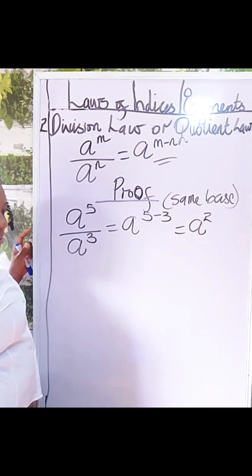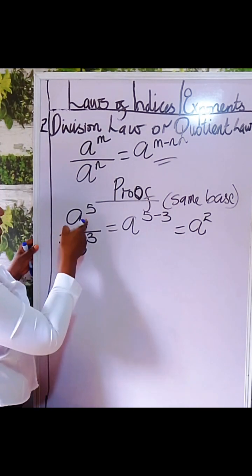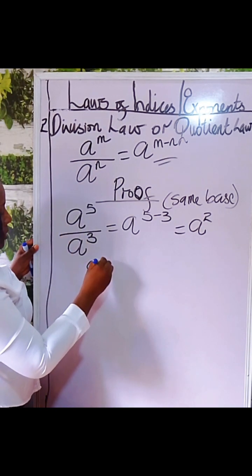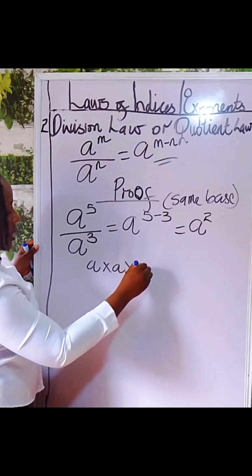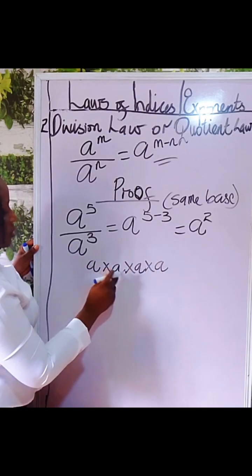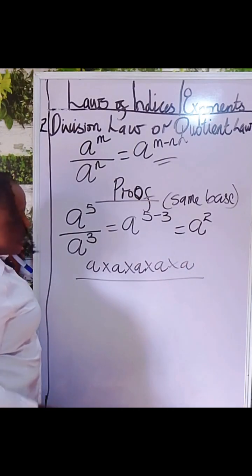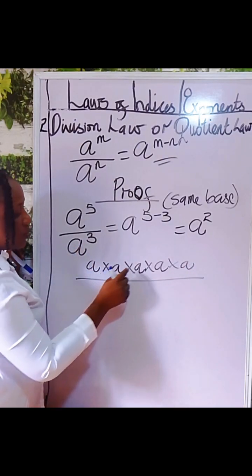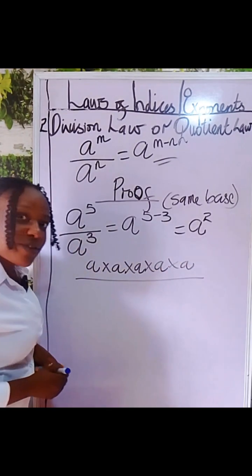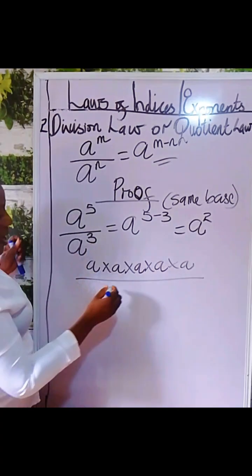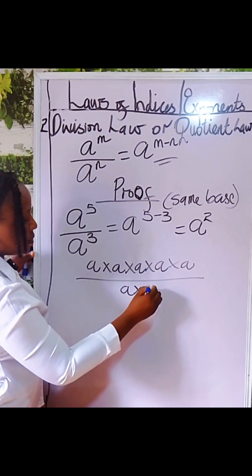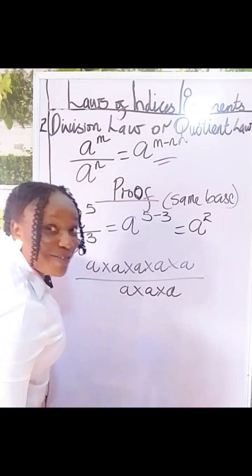Well, let's prove it. That means A to the power 5 is A times A times A times A times A. 1, 2, 3, 4, 5. You see that it's 5 A's. Then we have the 3 A's. 1, 2, 3.